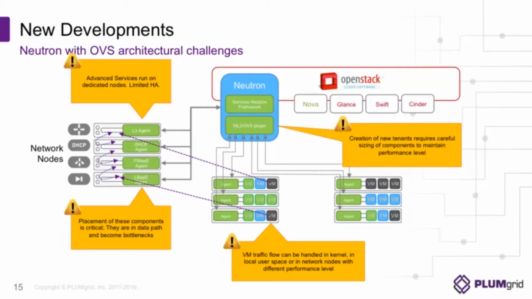Depending on your backend implementation behind Neutron, your packets may be traversing from the kernel into user space, or they will have to travel across the network to your network nodes and then come back. So you get very unpredictable network performance when you do that.